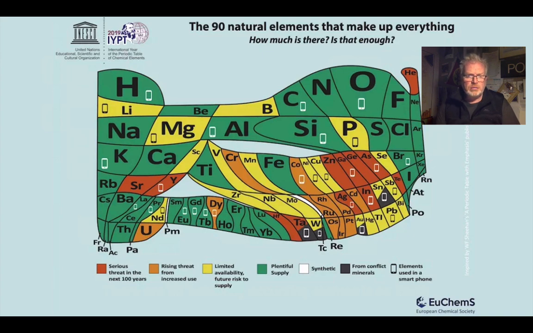The ones in yellow may well have a risk to future supply. Only the ones in green have we got more than enough for what we need. So you can see that finding new sources of these metals is going to be critical over the next few years.